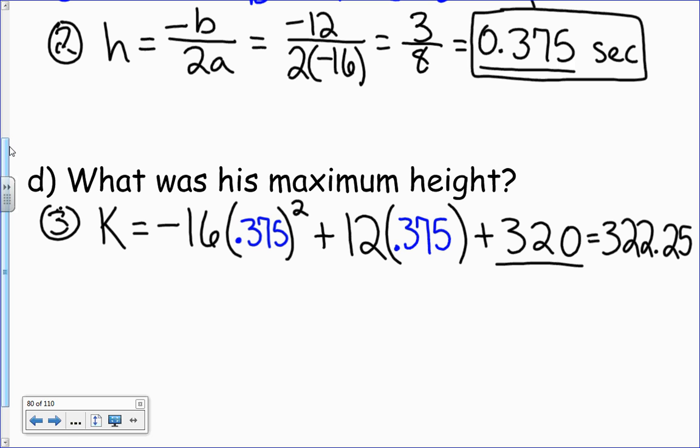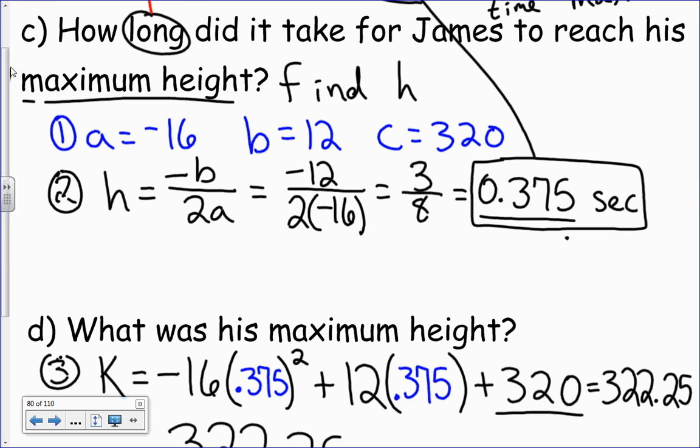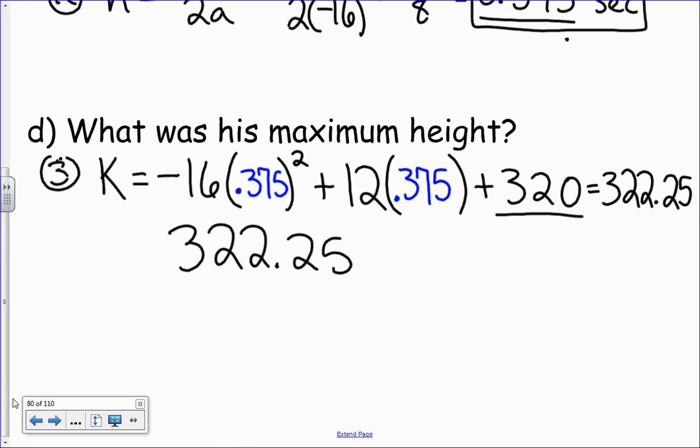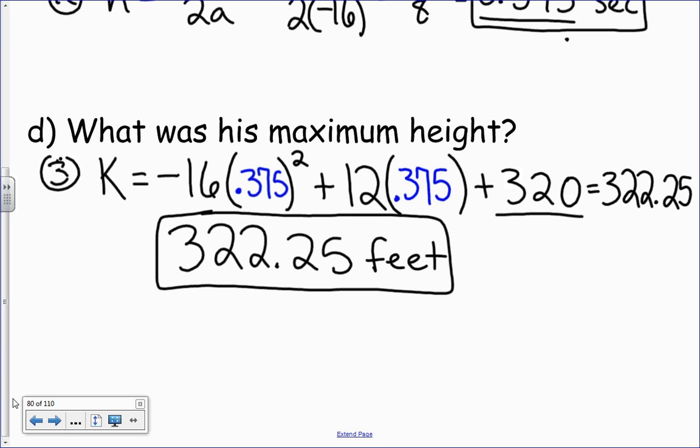Remember, the number in the back is where you start. You jump up, it goes up a little bit, and we only went up for 0.375 seconds, so there couldn't go up much. So the maximum height here is 322.25 feet.